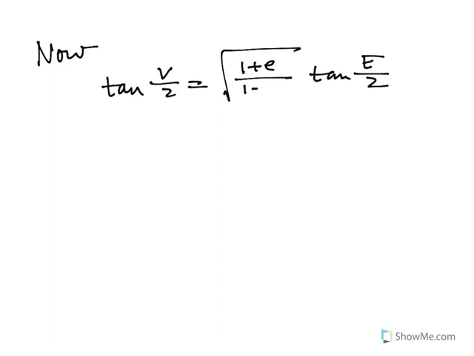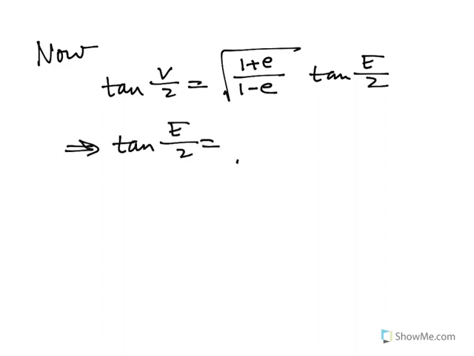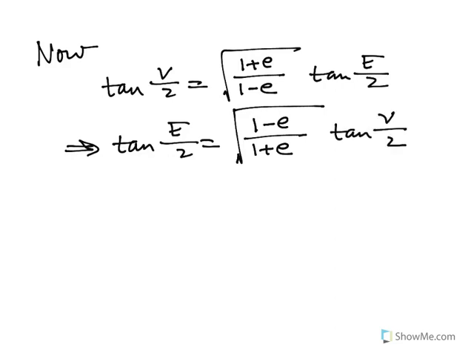Now, if you just flip the calculations, this is actually not very difficult to do, but it's important to do it, which tells us that the tangent of E over 2 is equal to the square root of 1 minus e over 1 plus e times the tangent of nu over 2.